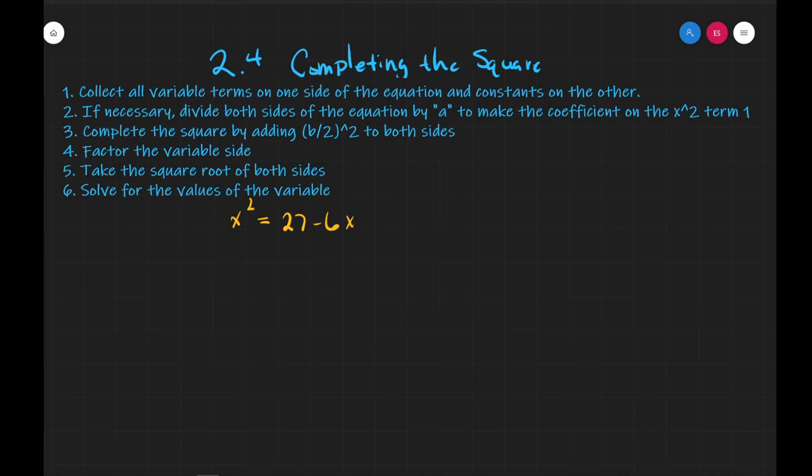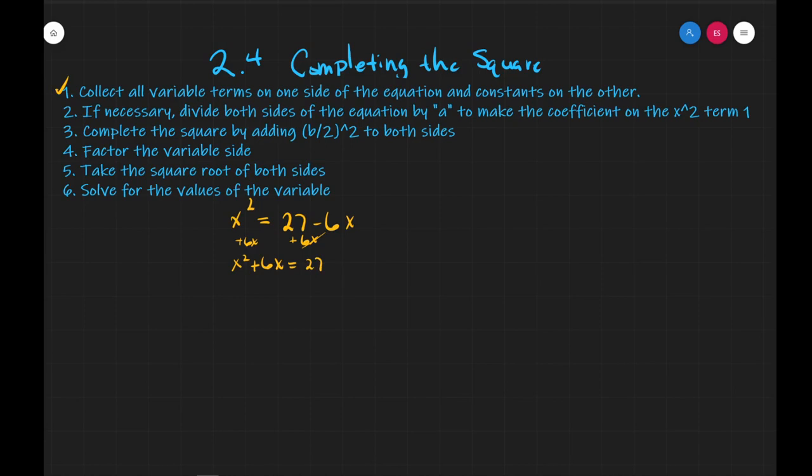Collect all the variable terms on one side of the equation and the constants on another. So anything that has a variable, we want to move onto the first side of the equation. So I'm going to take this 6x and I'm going to add 6x to both sides, plus 6x. All right, so that crosses off there, and then we're going to have x squared plus 6x equals 27. So now that we did that, we can check off step 1.